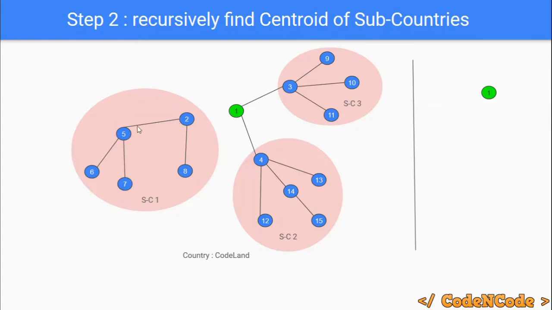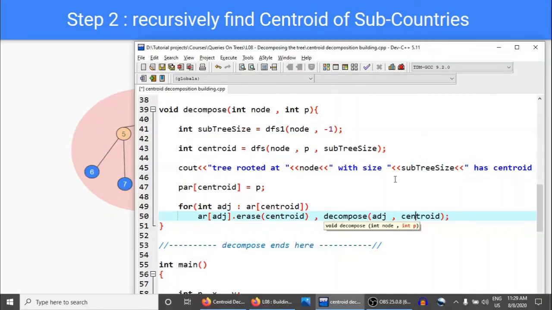Now if you see, the centroid of this subcountry would be 5. So 5 is the centroid of this subcountry, and this has to report to 1, right? So the parent of 5 is 1, and that is why when we make a decompose call to a certain node, we also pass the parent, and the centroid would be the parent of it. That is why we are passing the centroid. So this is how the code works.